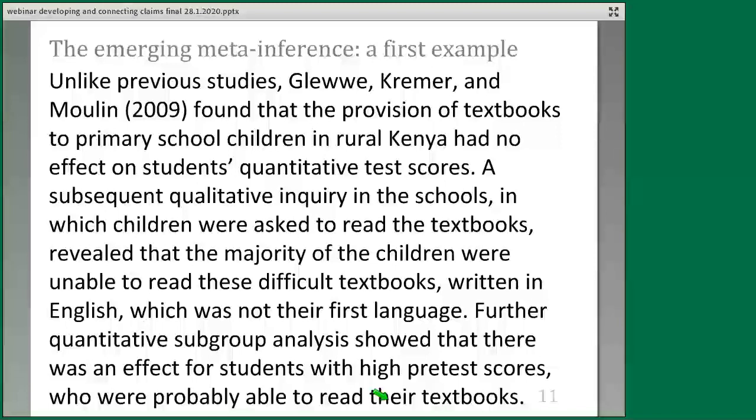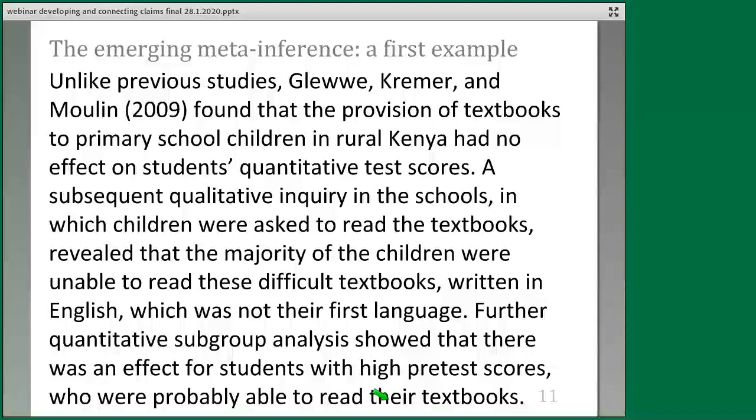It's a study by Glewwe, Kremer, and Moulin, and they studied the provision of textbooks to primary school children in rural Kenya, and they found out that providing these textbooks did not have an effect on students' quantitative test scores.